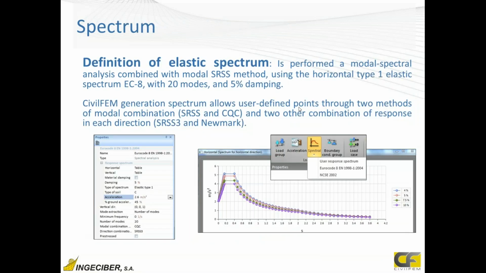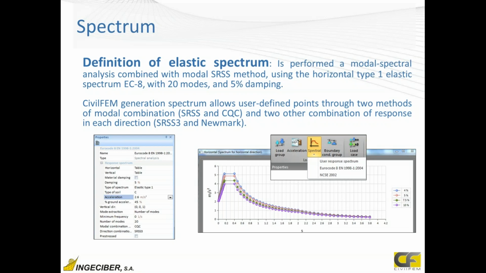The most important one in this case is the spectrum. We have defined the horizontal and vertical spectra using the square root of the sum of the squares method for the modal combination, and taking into account 5% damping.